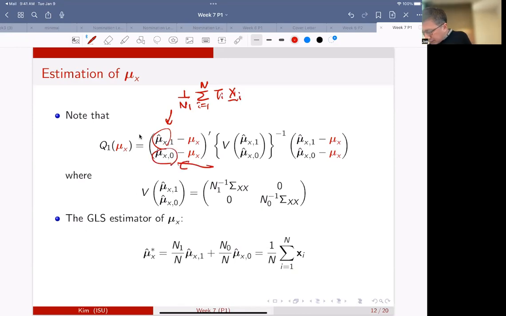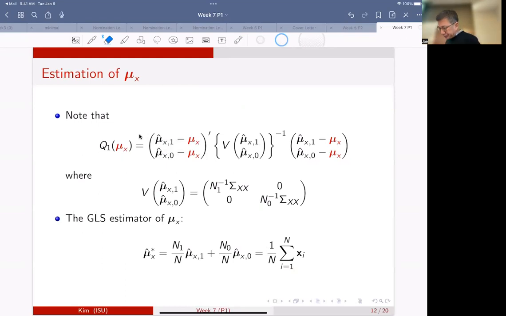This guy is 1 over N0, sum over i equal to 1 to N, (1 minus Ti) Xi. Okay, so we need to compute the variance covariance matrix. So let's check where we got this.